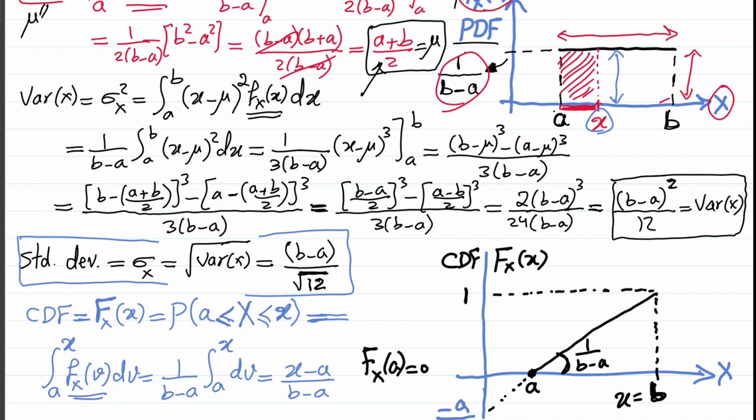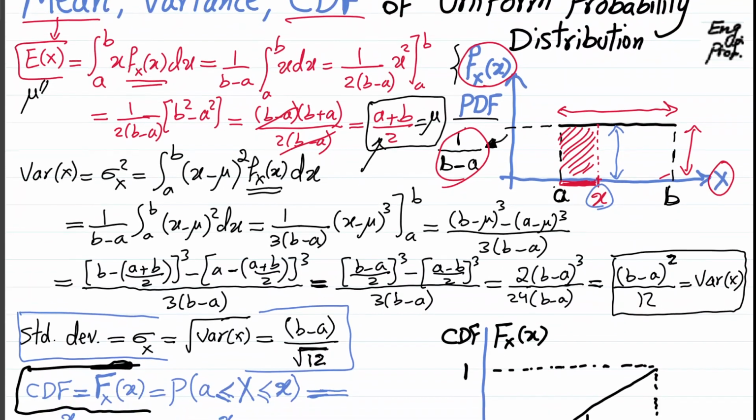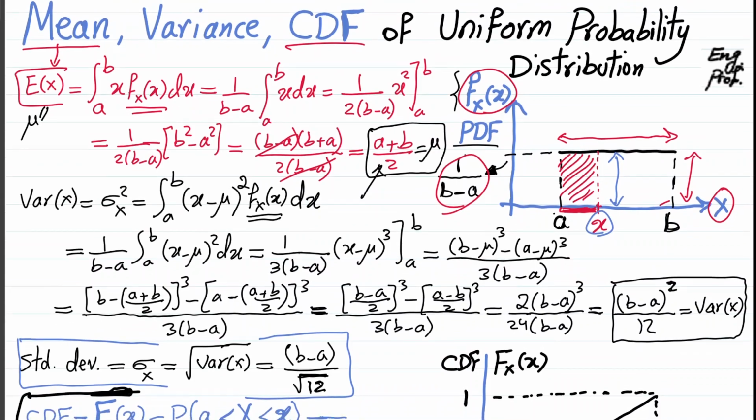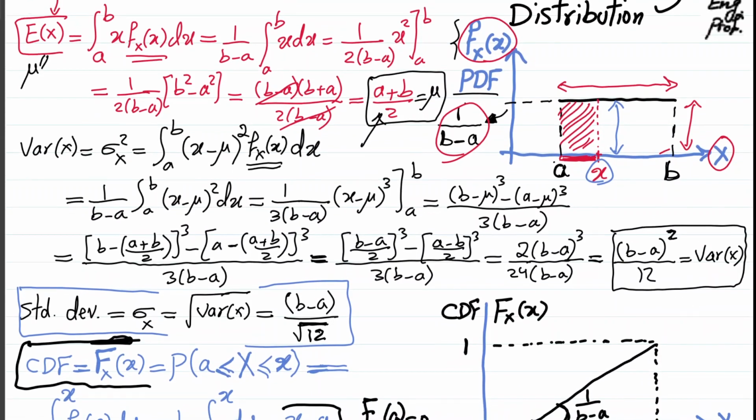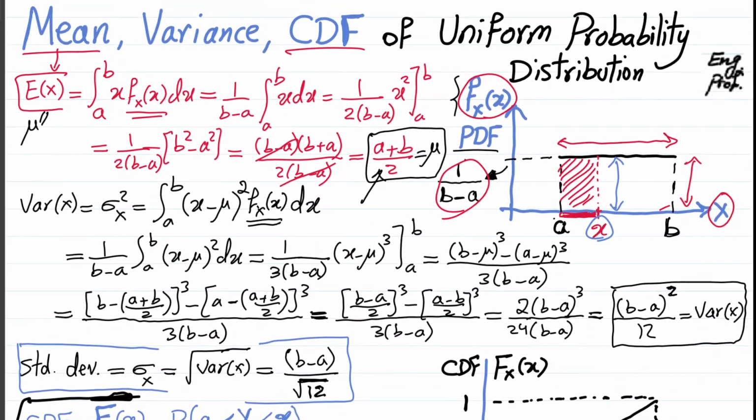So the CDF is effectively a line with the formula shown here for the uniformly distributed random variable. I hope that this example and this computation is helpful to remember and recall how the mean, variance, standard deviation, and CDF for a uniformly distributed random variable are computed and used.